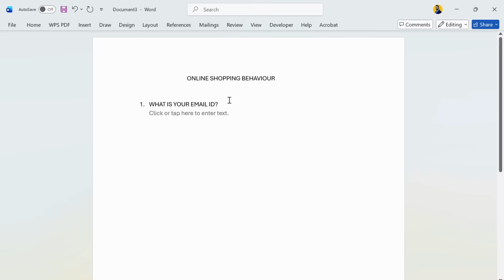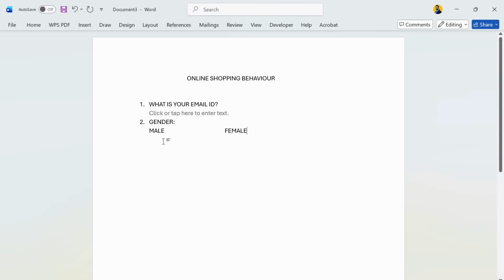Similarly, now I will go with the second question. Question number 2, we can ask about gender. We will mention gender and enter. Like in gender, definitely they will either select male or female.